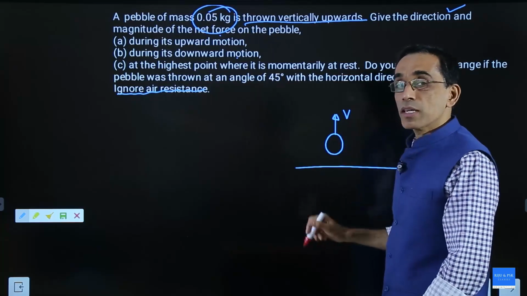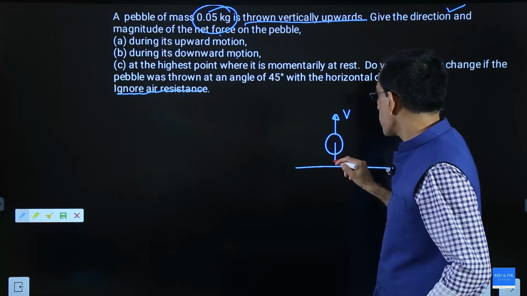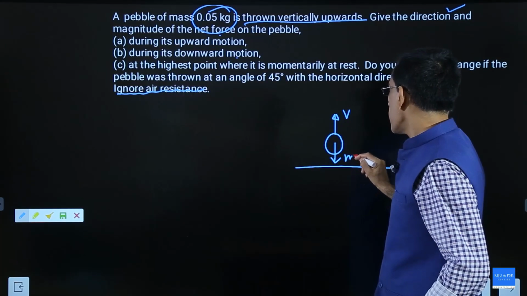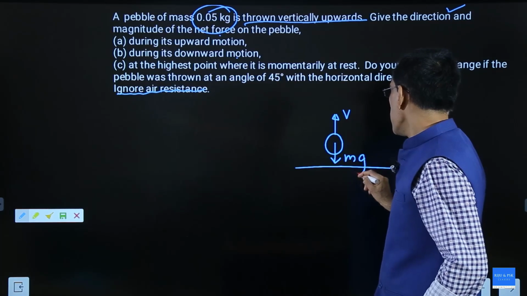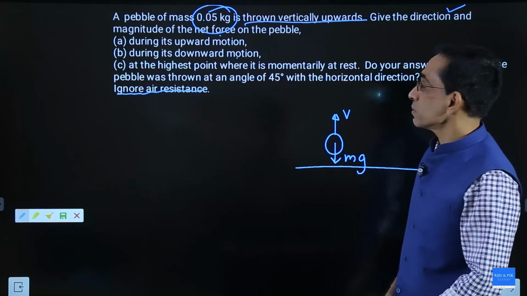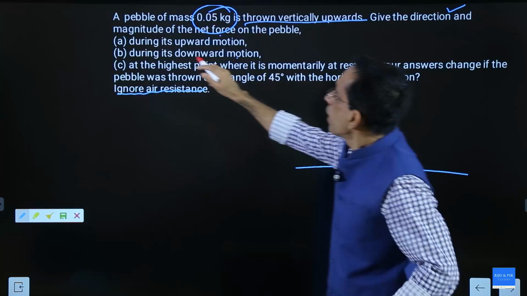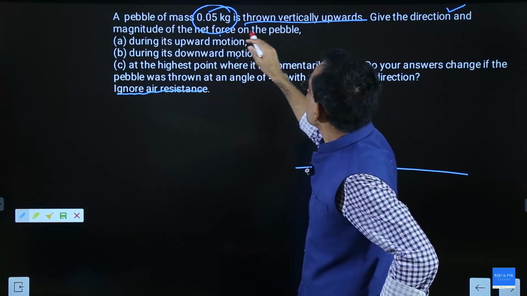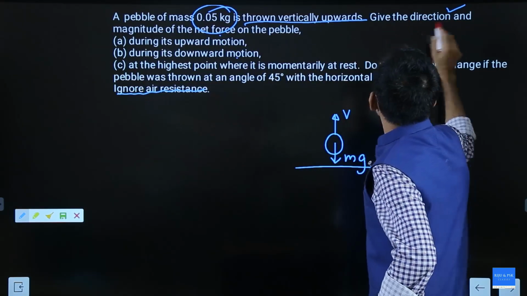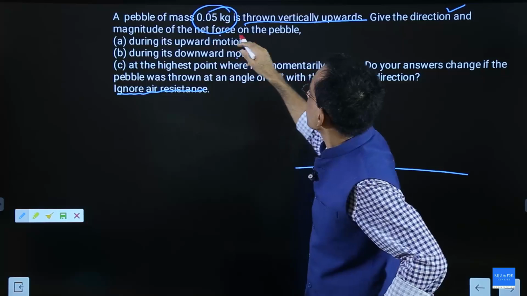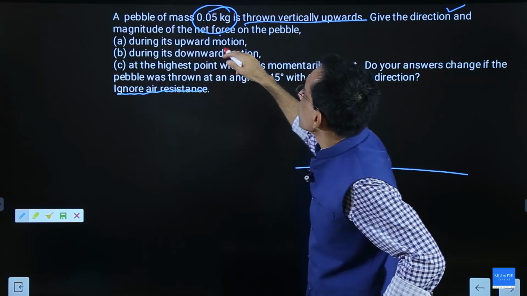Is there any force acting on it? Definitely there is a force acting on it, that is in the downward direction. That is what we call the weight of the body, which is a gravitational force. Give the direction and magnitude of the net force on the pebble during its upward motion.